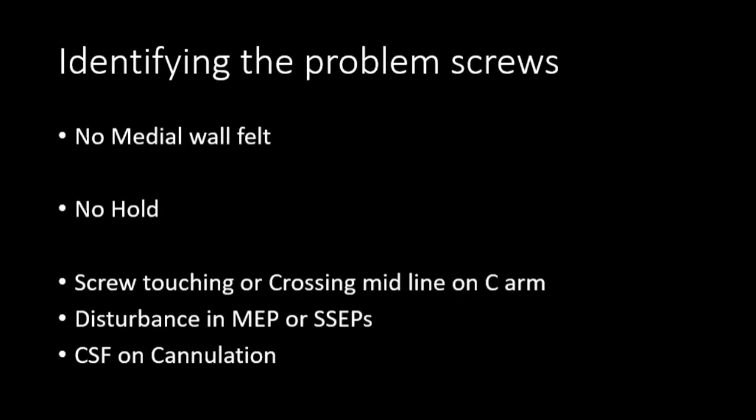If no medial wall is felt intraoperatively, or there is no hold of the screw, that is probably you have entered the spinal canal if you are too medial, or you have probably gone out of the pedicle laterally. Also if the screw is touching the midline or crossing the midline on C-arm.